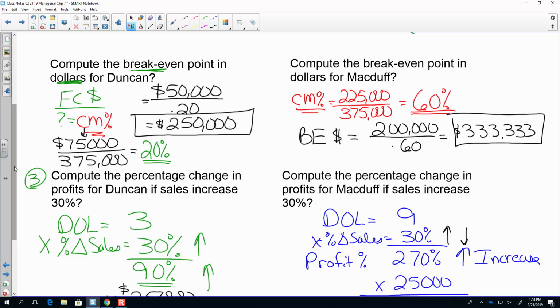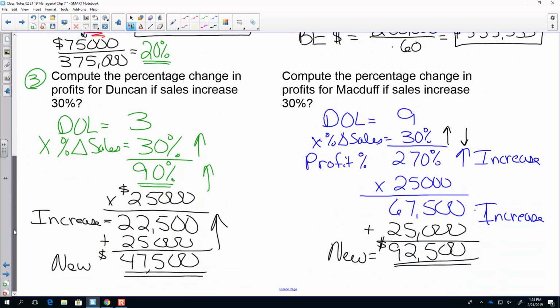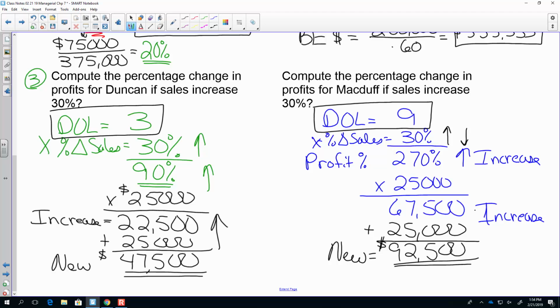All right, we did the DOL computation on Tuesday, and we also computed a change in profit. Now, let's just pick on Dunkin' here. Dunkin' had a 30% increase in sales.